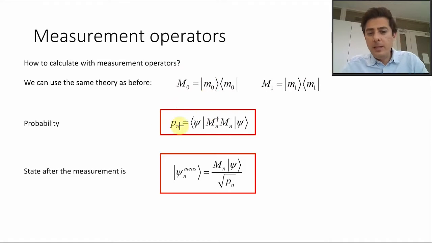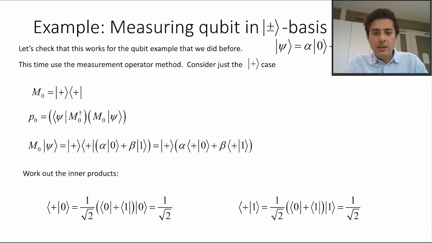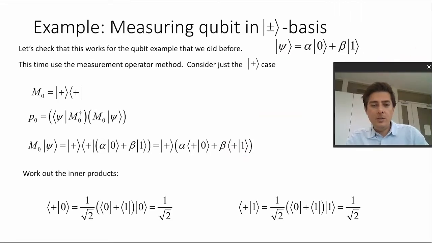Then for the probabilities, as we said before, you apply the measurement operator to the state, then you take the norm of that state. That gives you the probability, and then the state after measurement is this. So we basically just use that technique for this example. Let's do the same example as I did before, but using this measurement operator method.